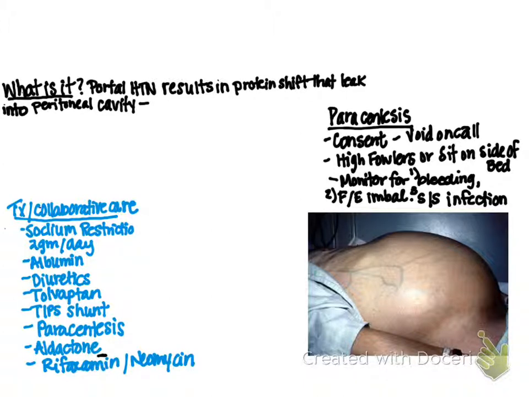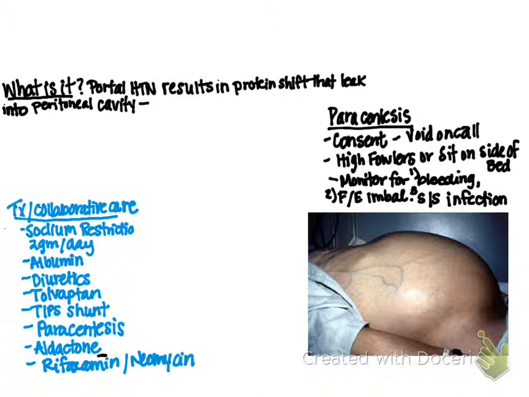And again, the TIPS is not always the first option, right? It's after a second, frequent flyer. They could do a paracentesis, aldactone or spironolactone, and rifaximin and neomycin. Those are all some of your collaborative care and treatments for ascites.